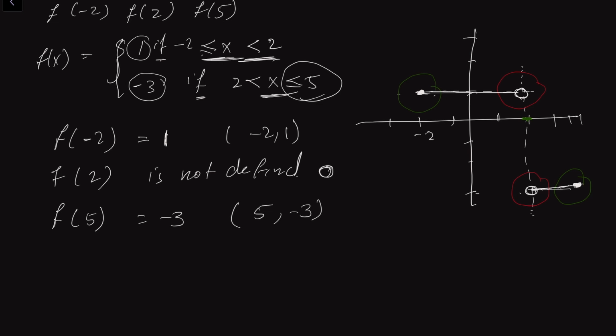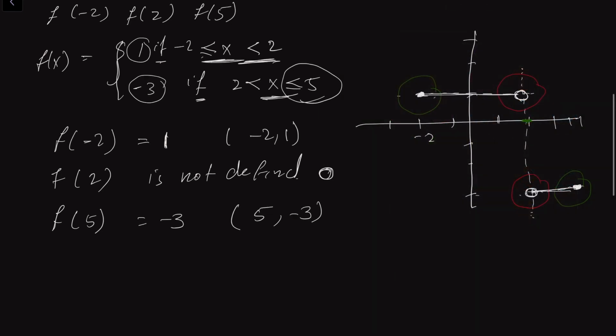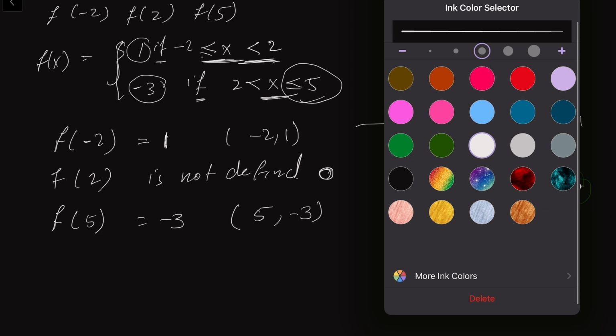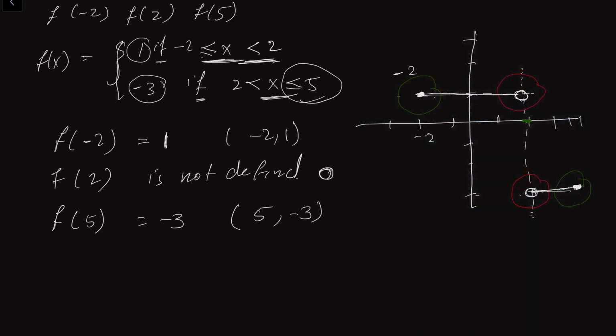Okay? So now let's write the domain. So the domain, basically here we say this is negative 2 and 1, this is 5 and negative 3, and this is 2 here.